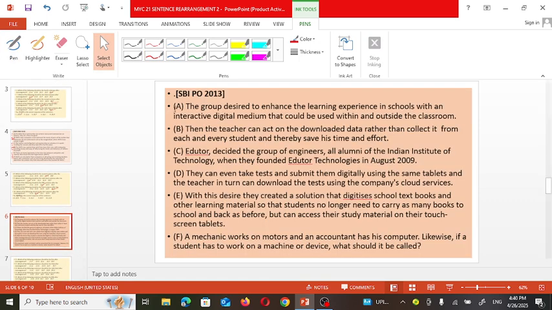Now let's see the next example. This question was asked in SBI PO 2013 paper. Let's see the statement given here.